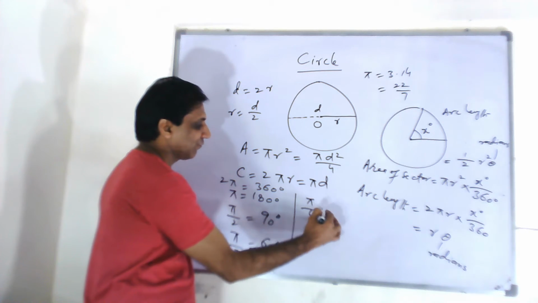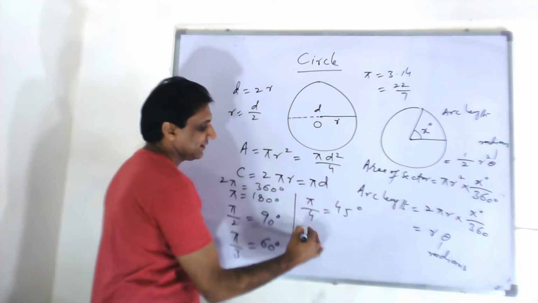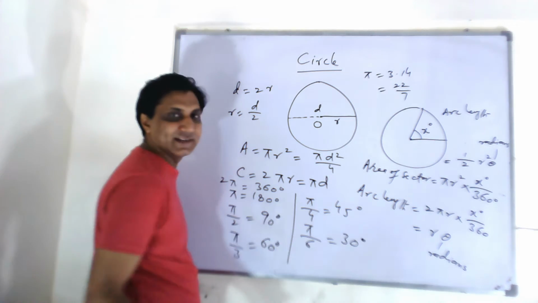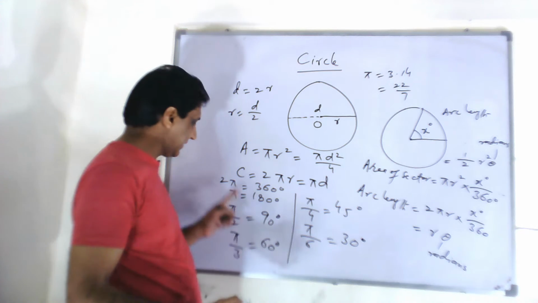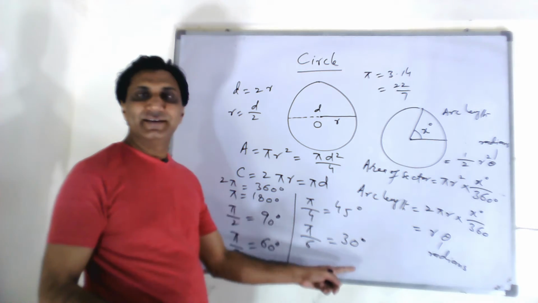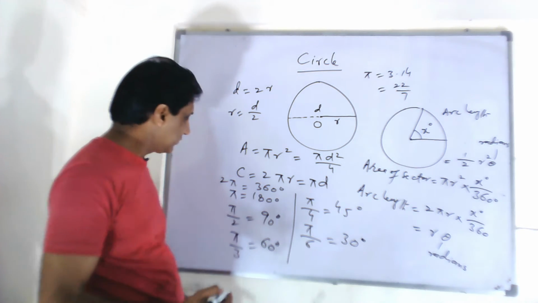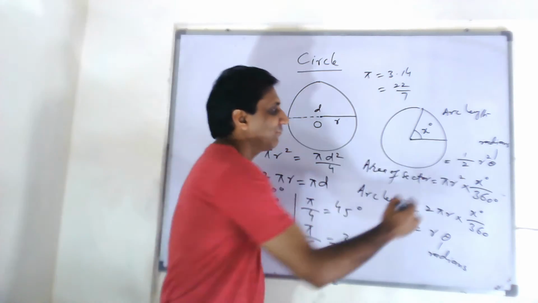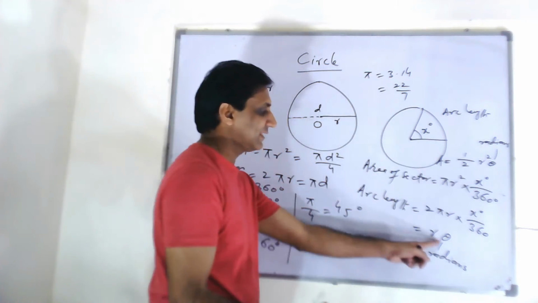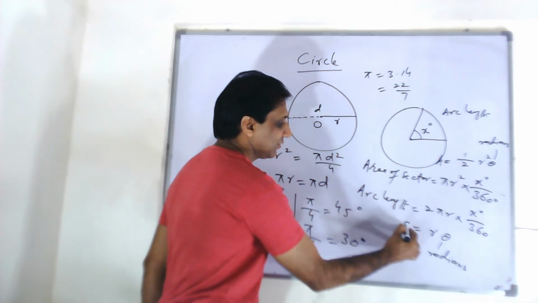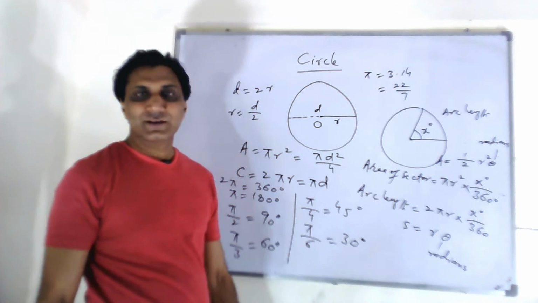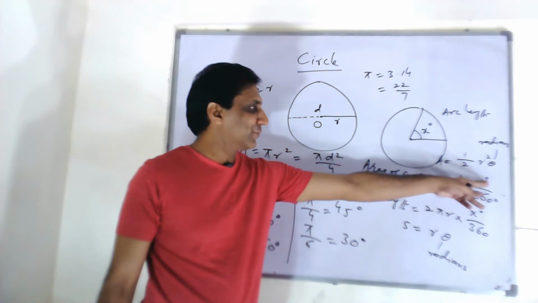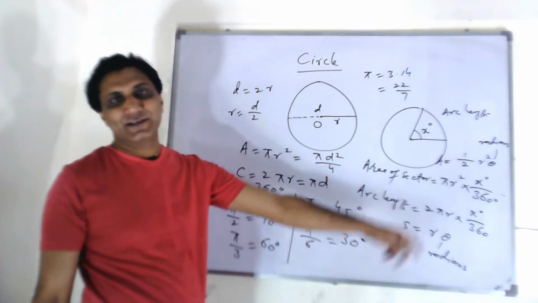Pi over 4 is 45 degrees and pi over 6 is 30 degrees. These are radian measures and these are degree measures. So you can only put radian measures in this formula for area and this formula for arc length. You also denote arc length by s, same thing. But in these other cases, you have to put in degrees.